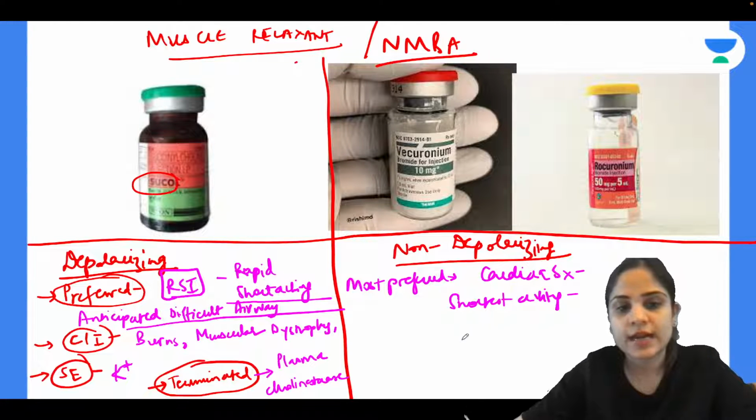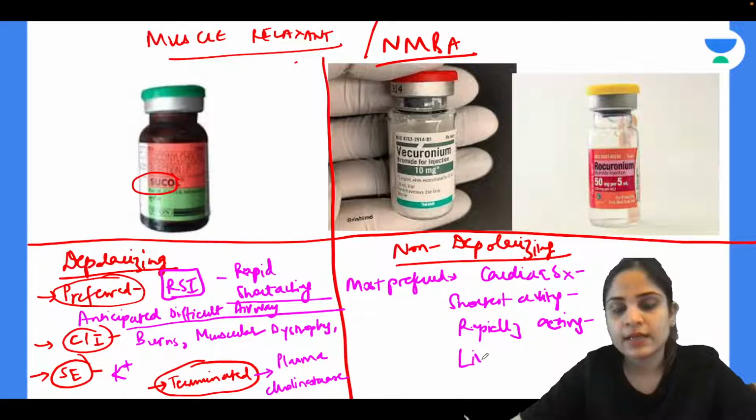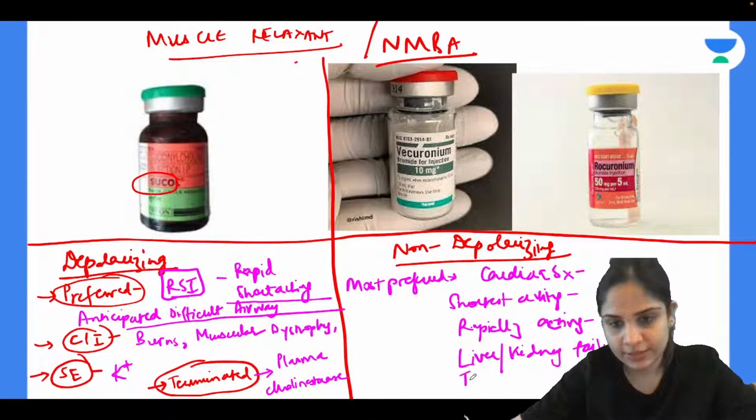Which is the most rapidly acting non-depolarizing agent? In liver and kidney failure, which is the agent that we prefer? And how do we terminate the action of non-depolarizing agents? Give me the answer to all of these questions.